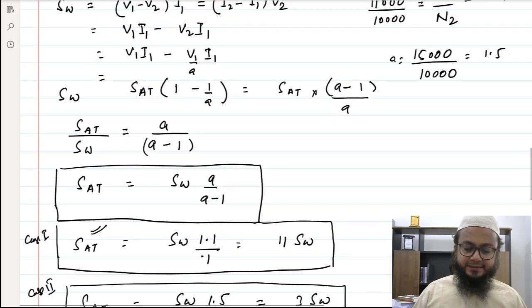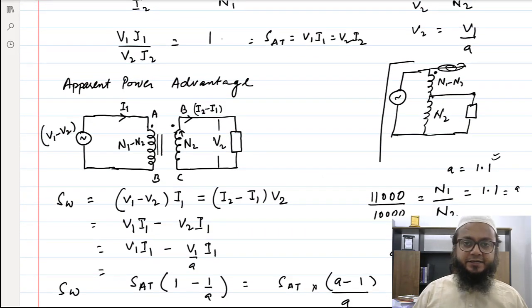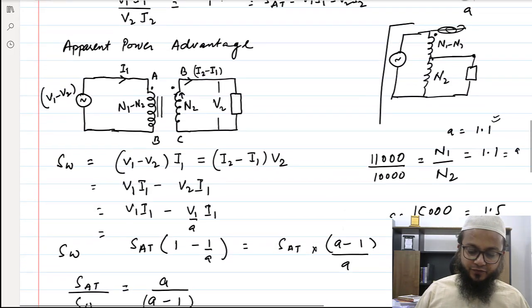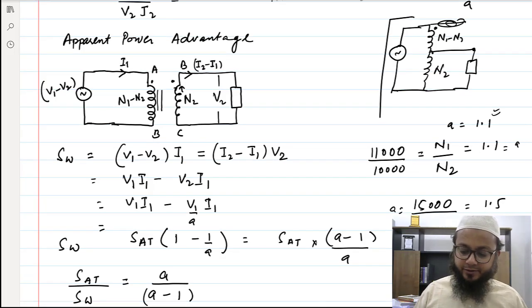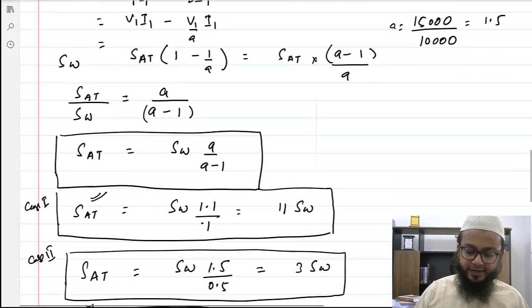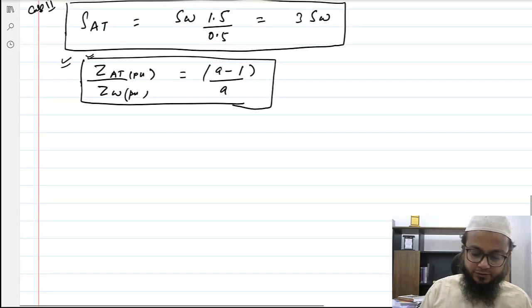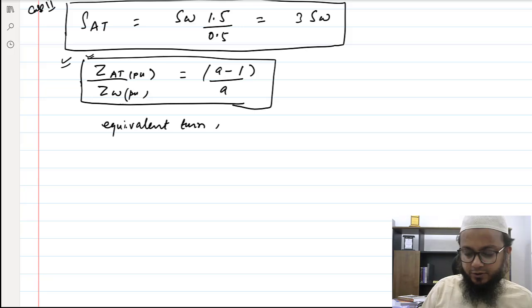Now in this equivalent two winding transformer, what is the turn ratio here? Okay, so if you see the turn ratio, it would be N1 minus N2 upon N2, right? So the equivalent turn ratio here is N1 minus N2 upon N2.